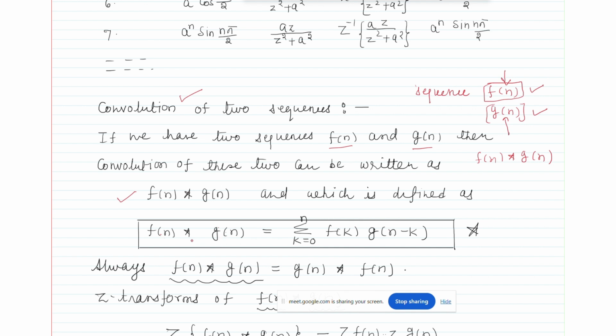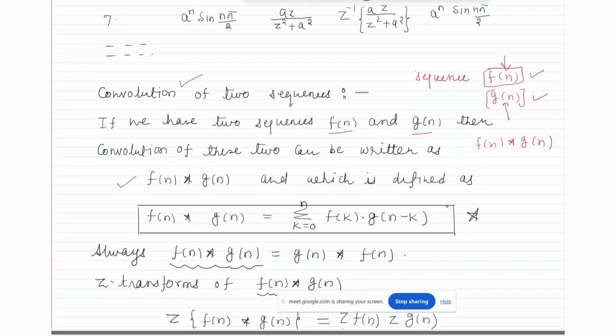In the convolution the star is replaced by a simple product. So if we are convoluting two sequences f n and g n, we always use this definition: f n star g n equals summation k 0 to n f k g n minus k.